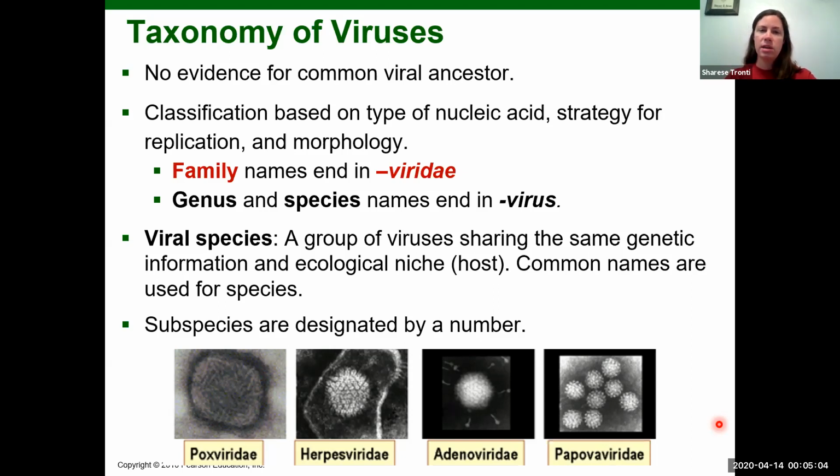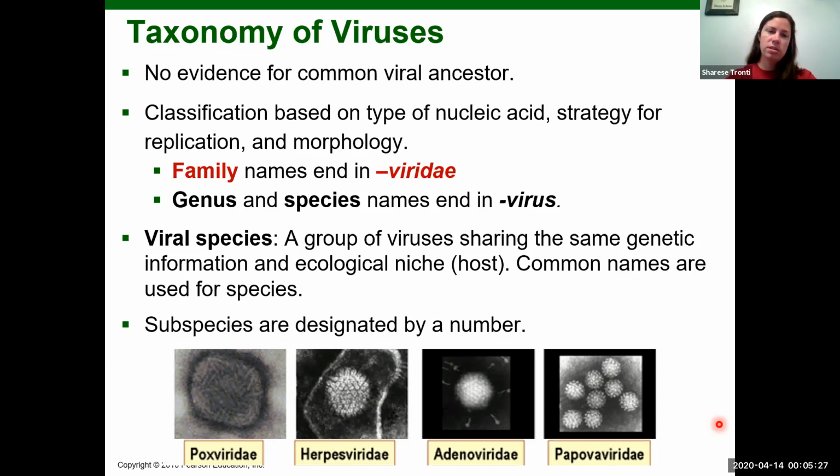So characteristics that we use to classify, we're going to see a nucleic acid, the type of nucleic acid. So whether it's DNA or RNA or what type of RNA that is, that's how we're going to mostly be classifying viruses. You can also classify them based on the strategy of replication as well as morphology.